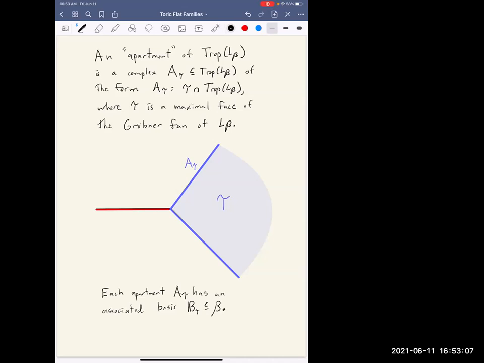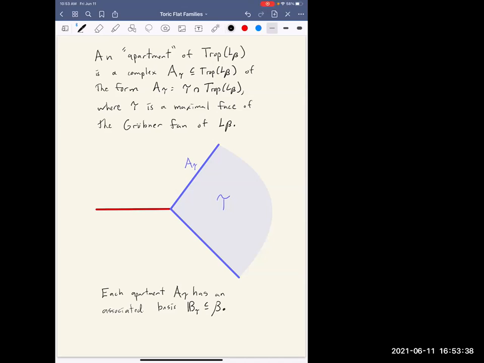So I'm going to say an apartment of this tropicalized linear space is a polyhedral subcomplex of the form that you get by intersecting a maximal face of the Gröbner fan with the tropicalized linear space. So, this is just some union of faces of the tropicalized linear space, and each such set comes with a special basis, which is a subset of the spanning set we started with.